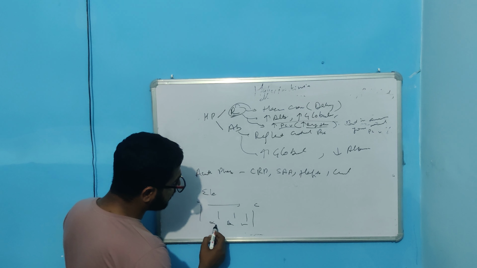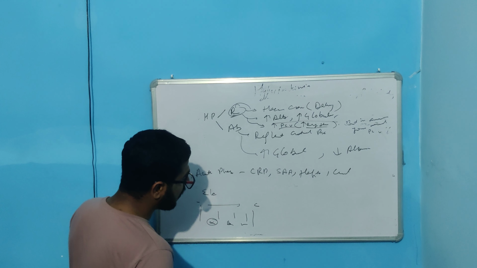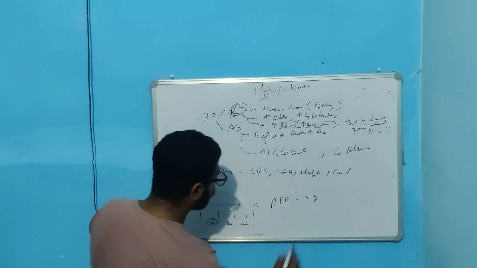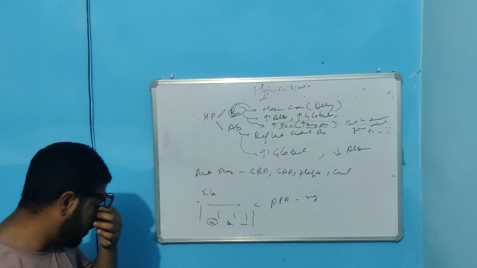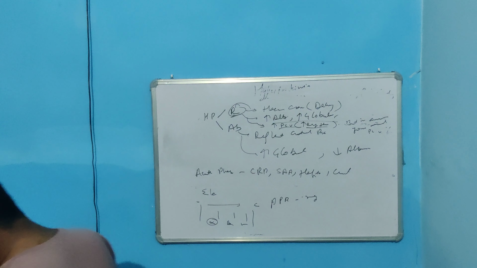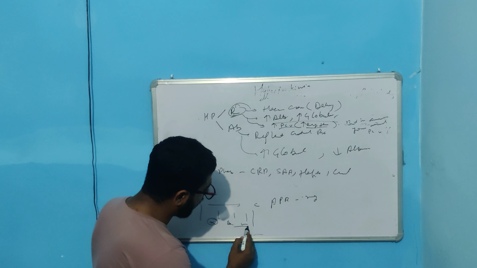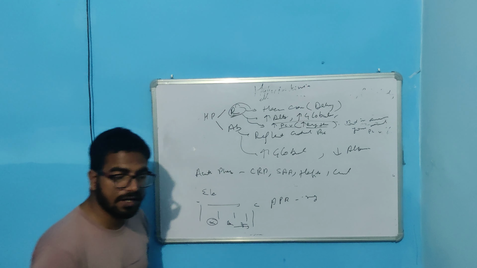Acute phase proteins settle in the alpha region, and immunoglobulins settle between the beta and gamma regions, right?